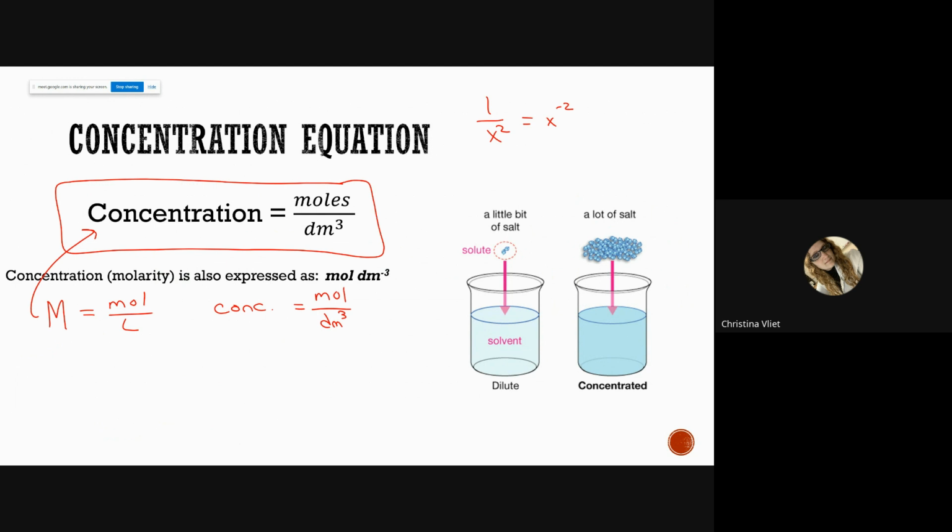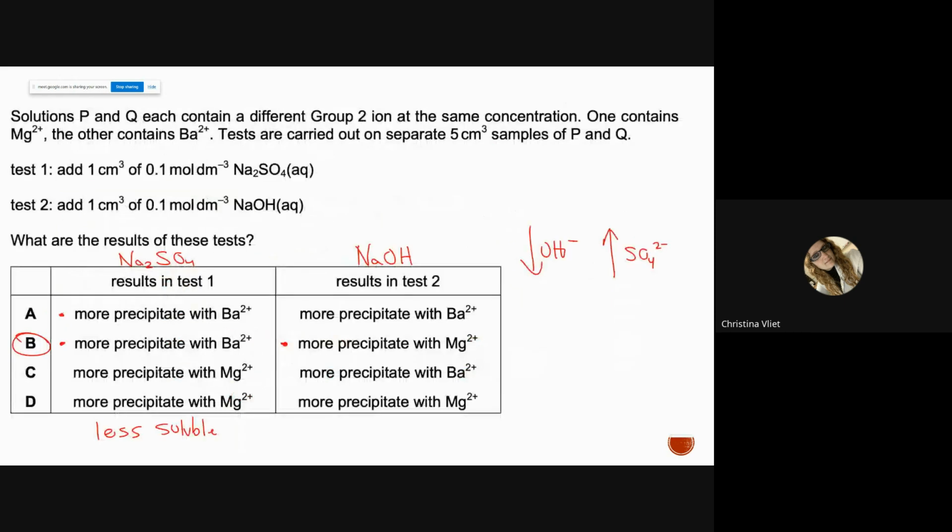Does that ring a bell? So mole over dm cubed is the same thing as mole dm to the minus 3. Moving this to the top, you change the exponent from positive to negative. And your question, what's that? That's the answer. This is concentration in molarity.